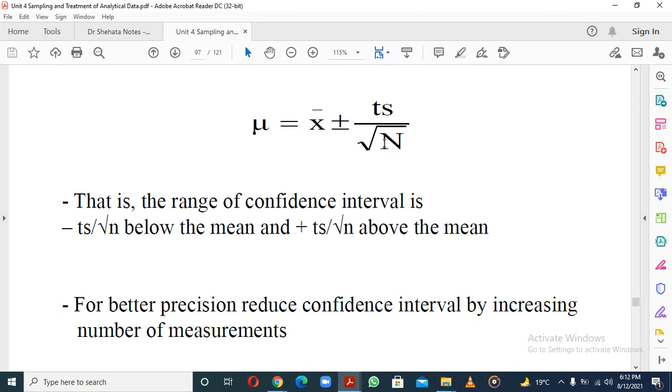And once this reduces, it means that the difference between the population mean and the sample mean is going to be low. Thereby, you are reducing the confidence interval, meaning that your values are more likely to have a better confidence level, isn't it? Because you've reduced the confidence interval.